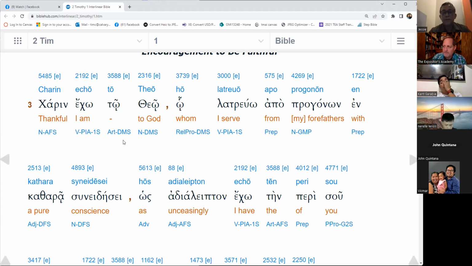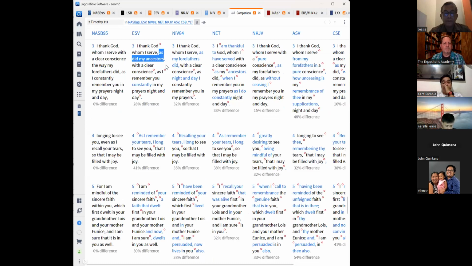And that's exactly, as we go back to the translation comparison, how most English translations did it. But the New American Standard and the LSB did not.